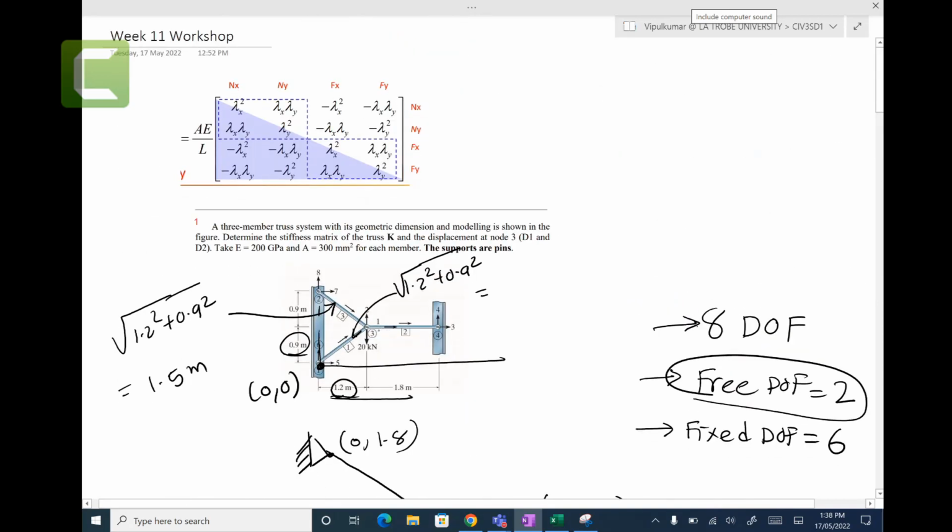Q1 is 0, there is no external force going in the 1, but in the 2, there is a force going in the 2 degree of freedom. So that would be minus 20 because it's going down.